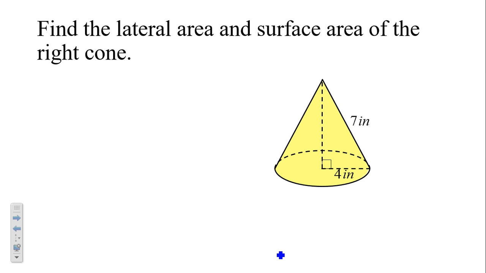Your turn. Find the lateral area and the surface area of this cone. First, write your formula, because as you can see, we're getting lots of formulas now. And the more you write them, the more you'll remember them.